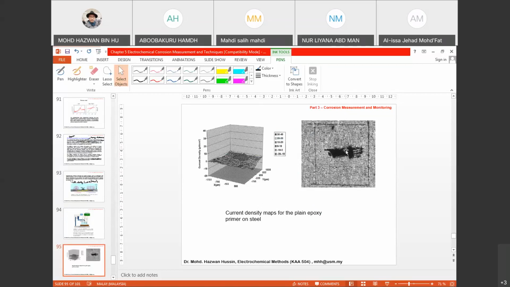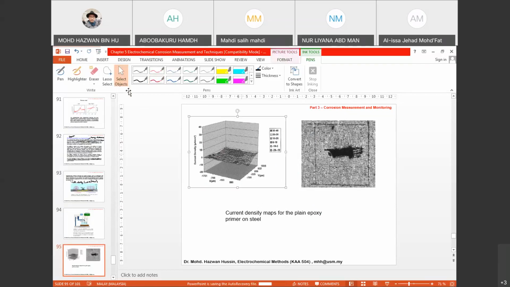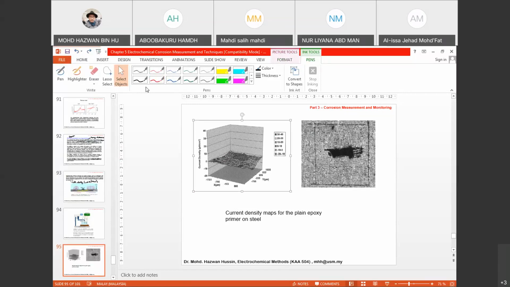In two dimensions, maybe you will see the sample like this, maybe you have a peak over here, but with the scanning electrochemical microscope, it can actually measure the peak. So this is actually pitting as observed from SEM.